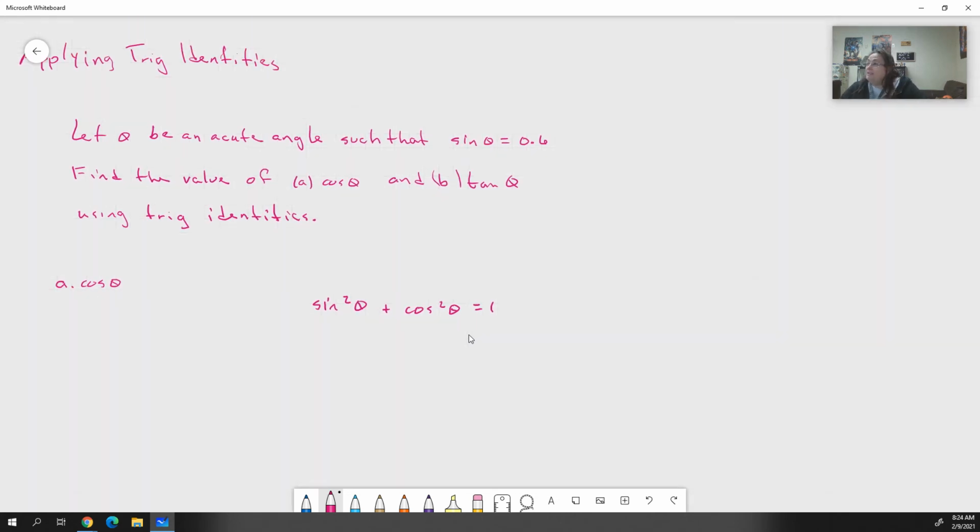Now, the first thing I know by this is that sine of theta is 0.6. So I could just write that, 0.6 squared. And I know that plus cosine squared of theta equals 1. So now I can just do the math. Well, I can subtract 0.6 squared from both sides, right? And I would get cosine squared of theta equals 1 minus whatever 0.6 squared equals.